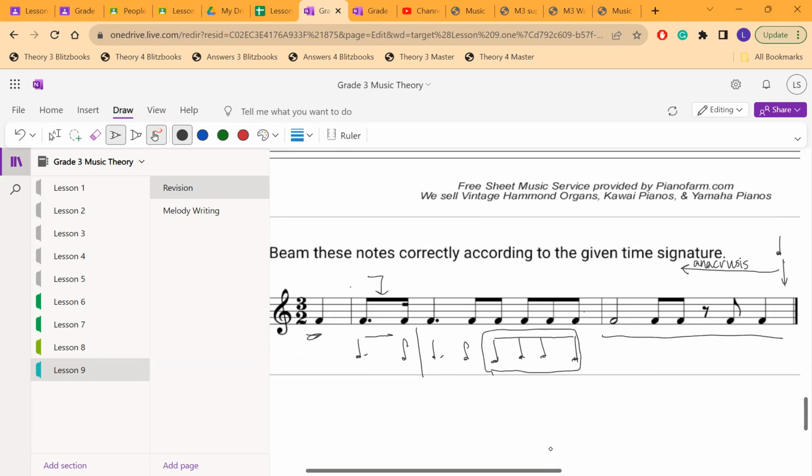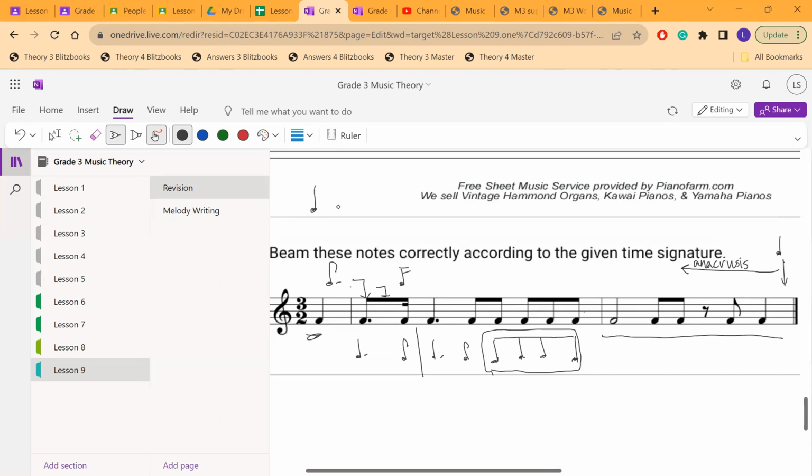Okay. Yes. You weren't supposed to beam the dotted crotchet and the quaver because then that becomes a dotted quaver, right? And that becomes like a semi-quaver. Because beams only work for quavers and anything of less value.